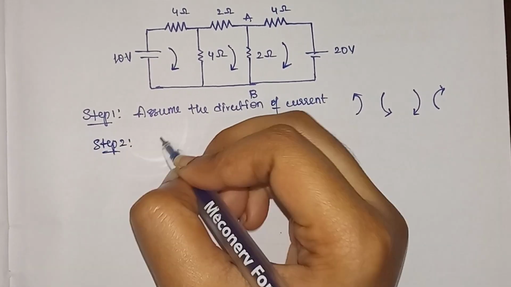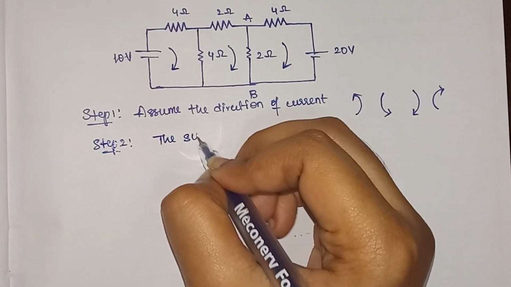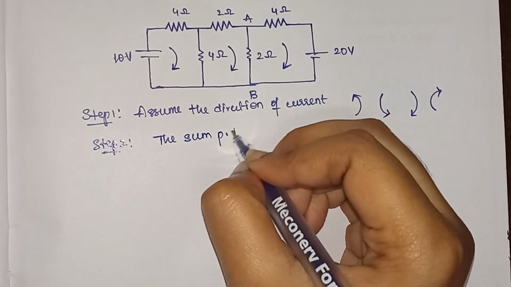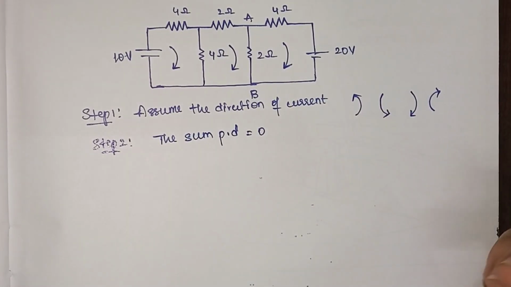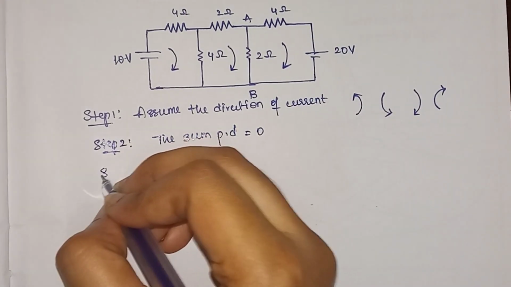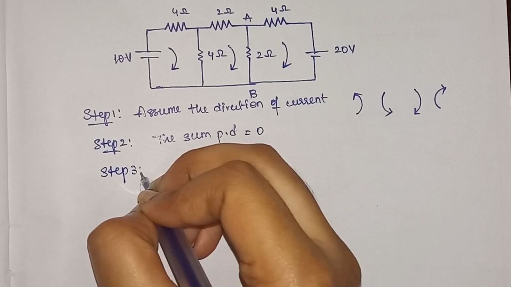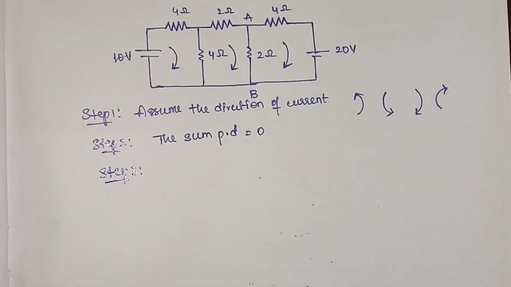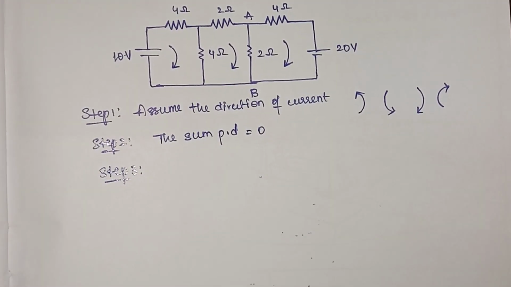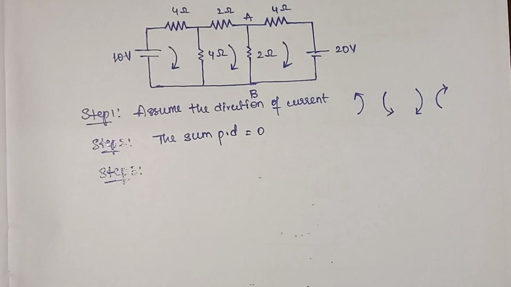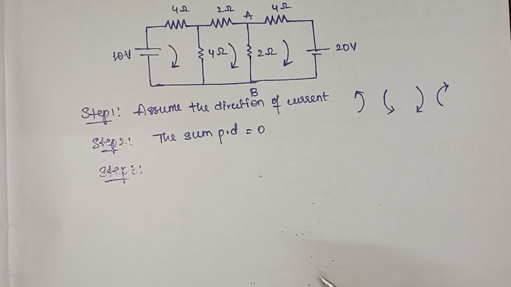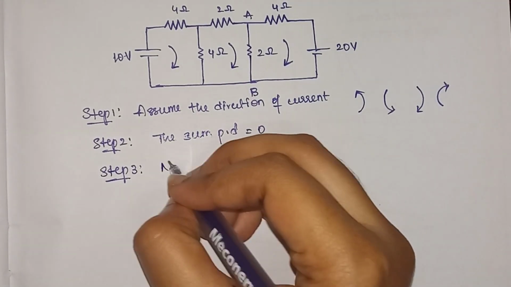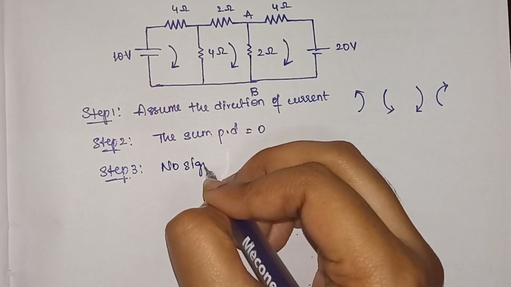According to KVL, the sum of potential differences, PD means potential differences, I am writing the shortcut, will be equal to 0. This is step 2. Now in step 3, if we have observed in the last case, we used to give sign conventions, but in this mesh analysis problem, don't go for any sign conventions.